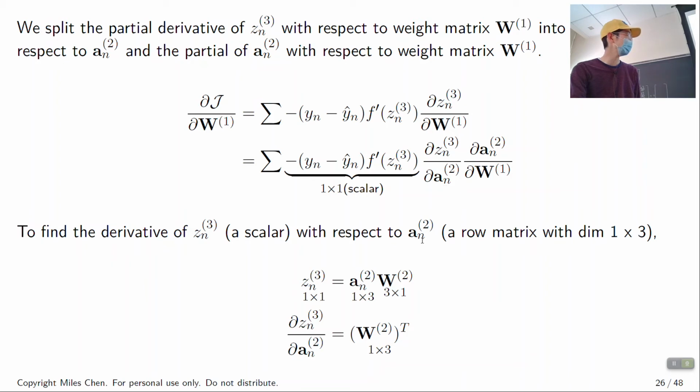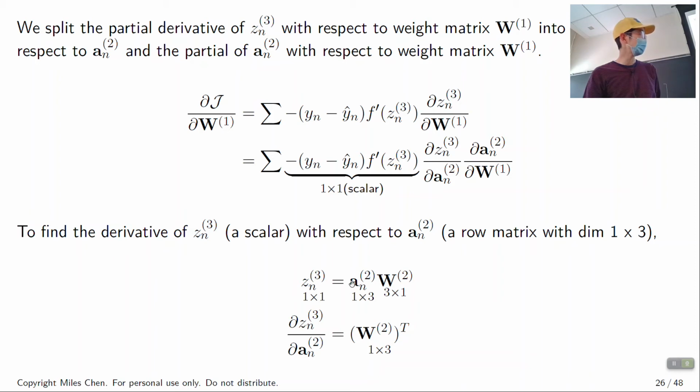And it's not with W2. So we look at this and ask how Z changes with respect to A2. Z is the product of A2 and W2. So the derivative of Z3 with respect to A2 is going to be W2 transpose. Okay, W2 transpose.